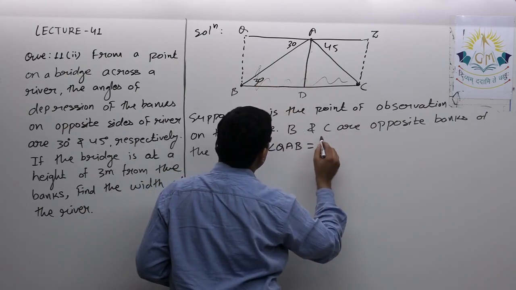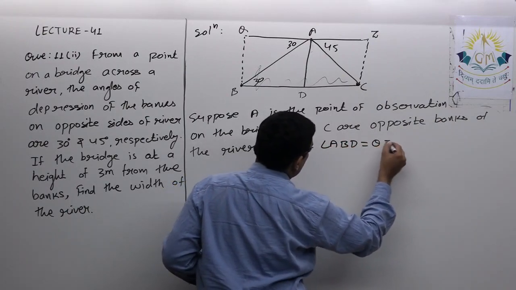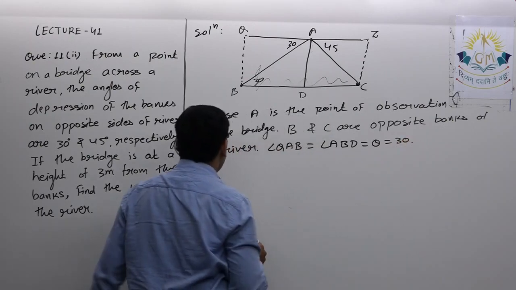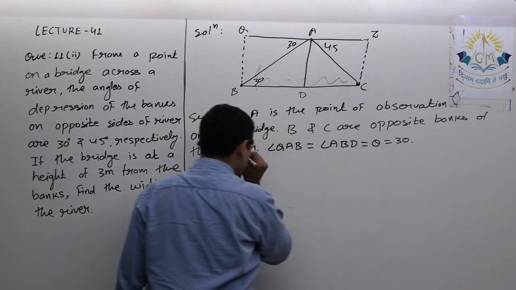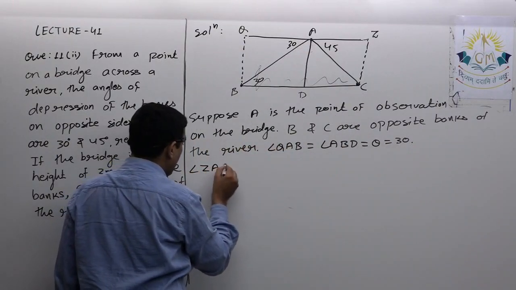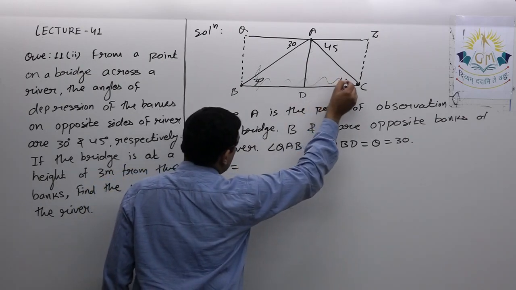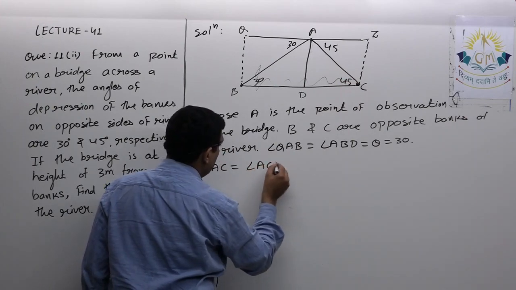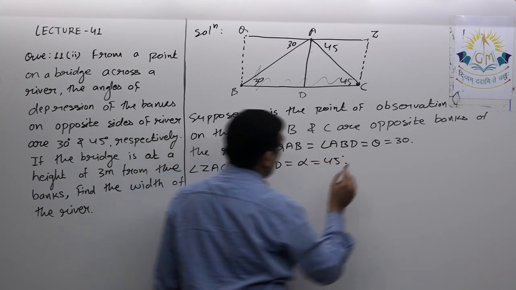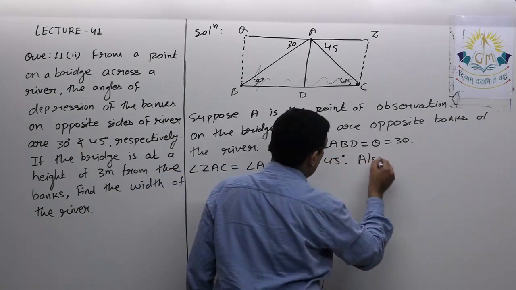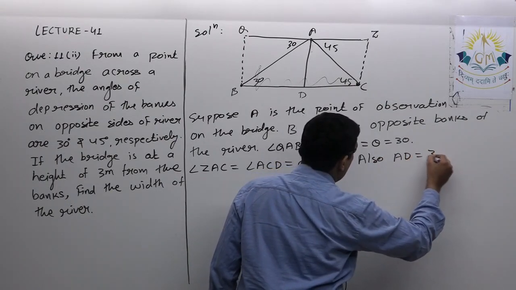So angle QAB is equal to angle ABD is equal to theta is equal to 30 degree, and angle ZAC is equal to angle ACD is equal to alpha is equal to 45 degree. Also AD, that is height of the bridge, is 3 meters.